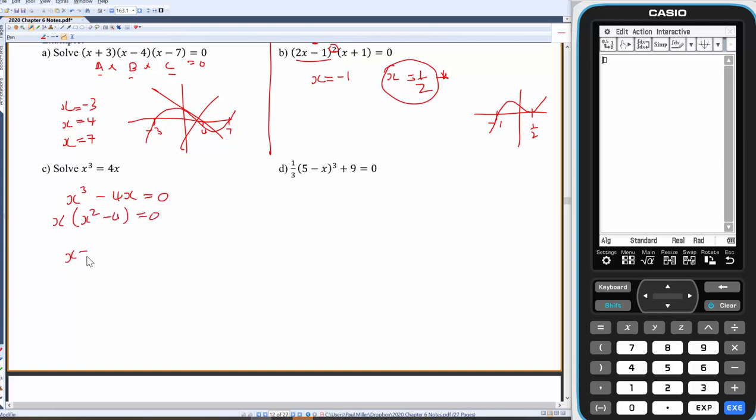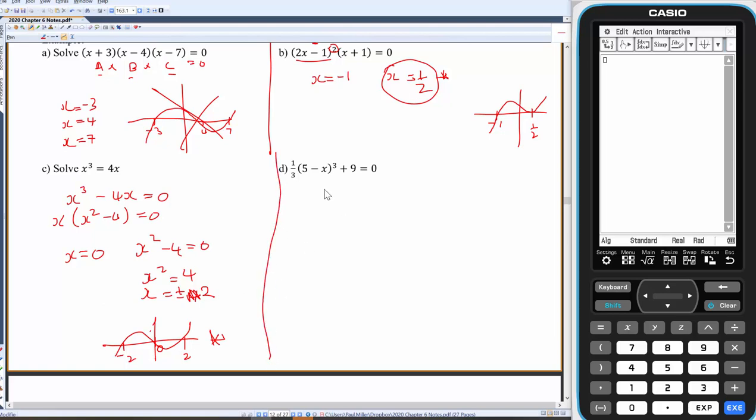Apply the null factor law, x is equal to 0. x squared take 4 could be 0, in which case x squared equals 4. When we root both sides, x is equal to plus or minus 2. So that means that this particular cubic would have x-intercepts, one at 0 and one at 2. And we'll find later on that it looks like that. Again, I'm not too worried whether you know that or not.